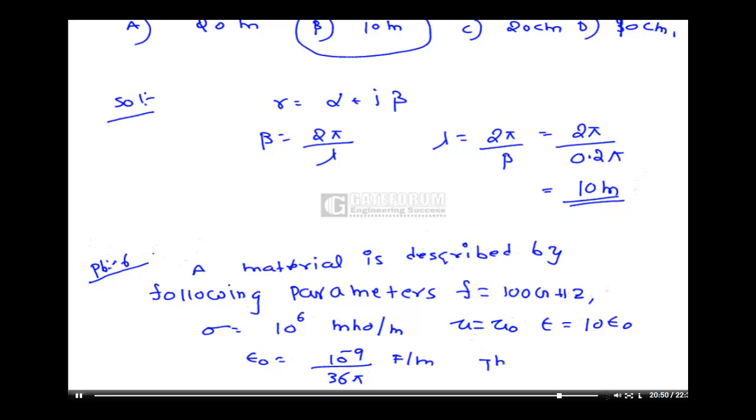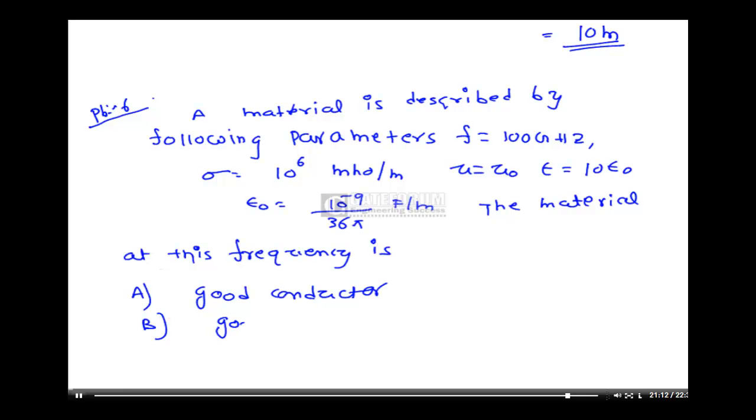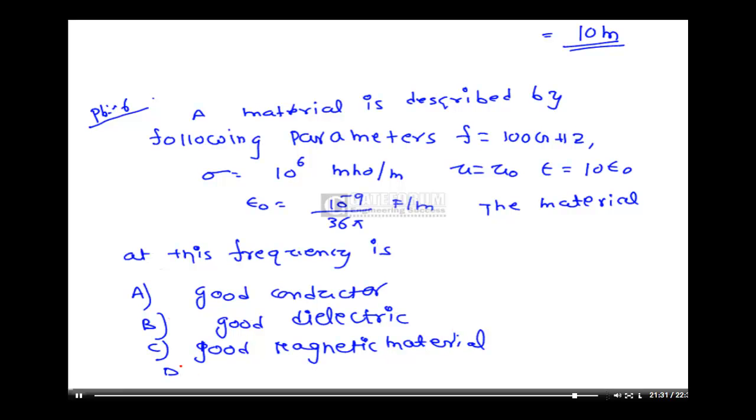The material at this frequency is: option A, good conductor; option B, good dielectric; option C, a good magnetic material; option D, neither good conductor nor good dielectric.